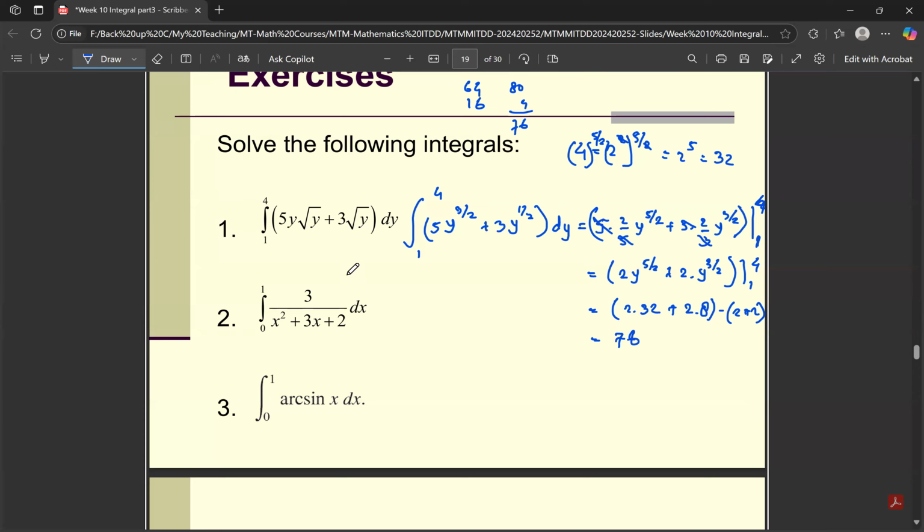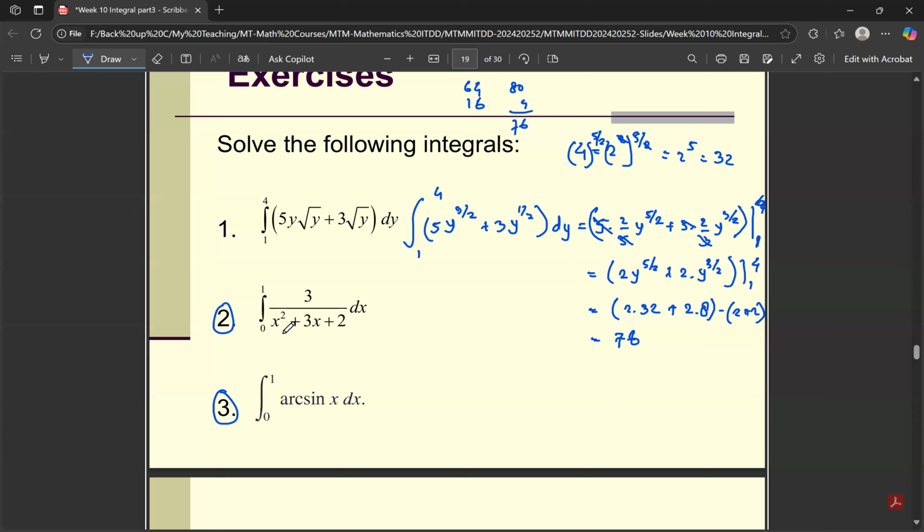Okay, let's do it for the rest of exercise number 2 and number 3. Please do it by yourself. If you have some problem, you can separate it.